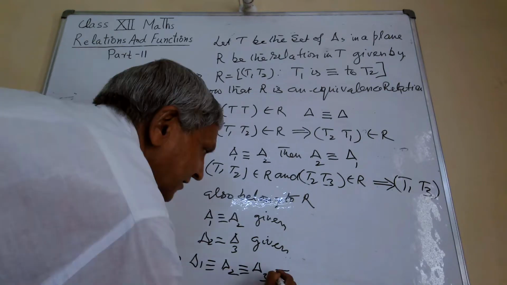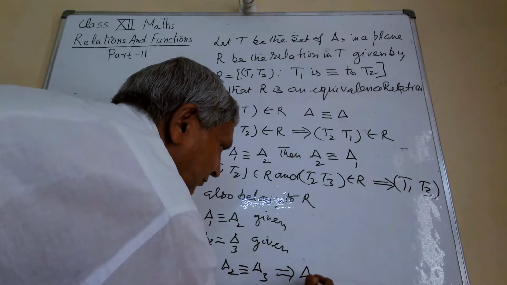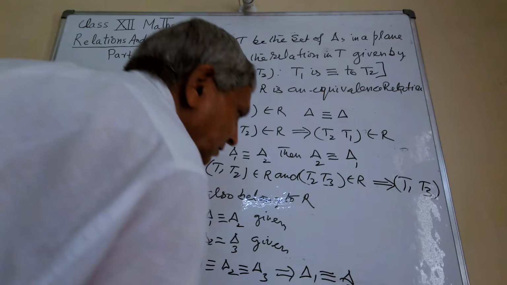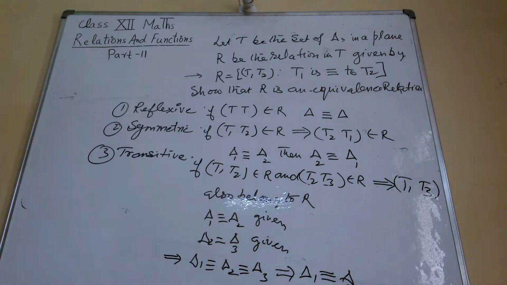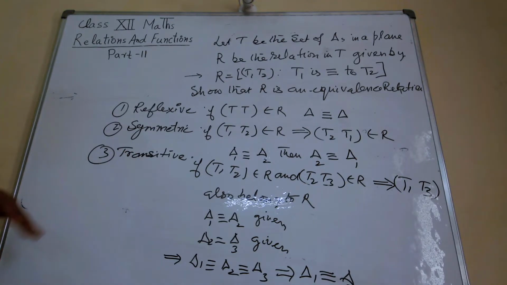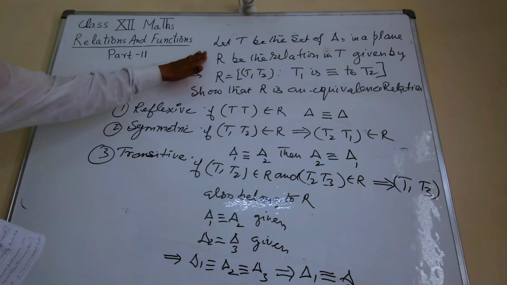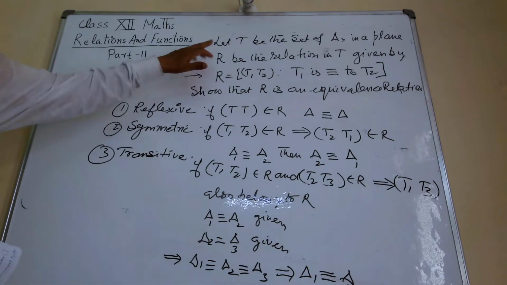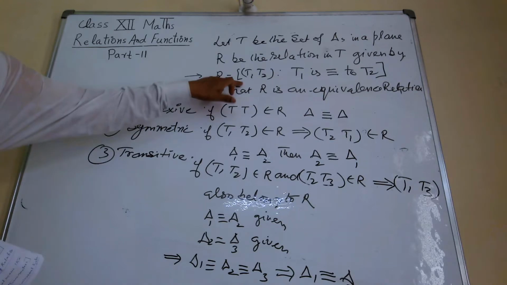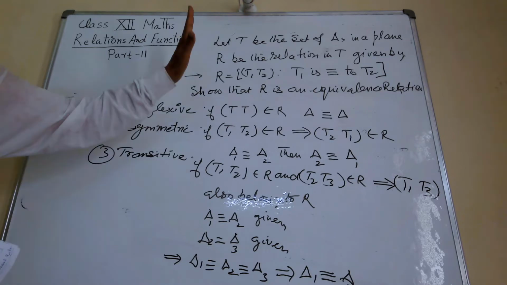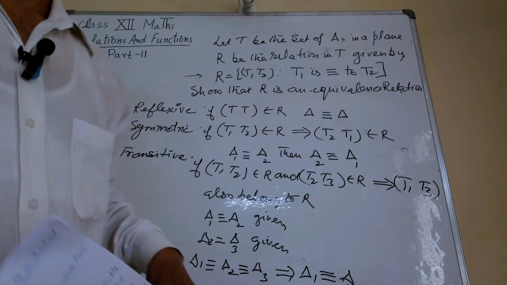This implies that triangle T1 is congruent to T3. Hence, this condition is also satisfied. This is the third condition, and all the conditions in this question are satisfied. So this relation is an equivalence relation. We have proved all the three conditions in this relation.